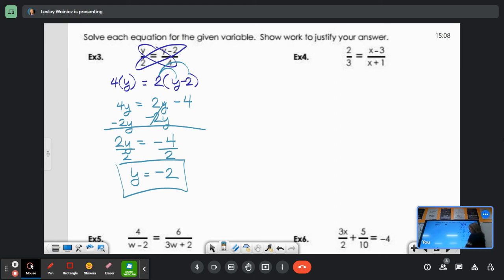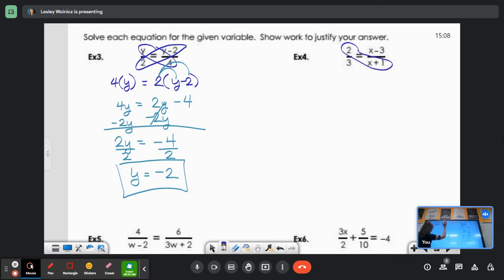Okay. Next one. We have two fractions set equal to each other. So this is a proportion. We can cross multiply to find an x that will make it true when we do our little trick. So we can go this way. Now, I have something like I did right here with the y minus 2.